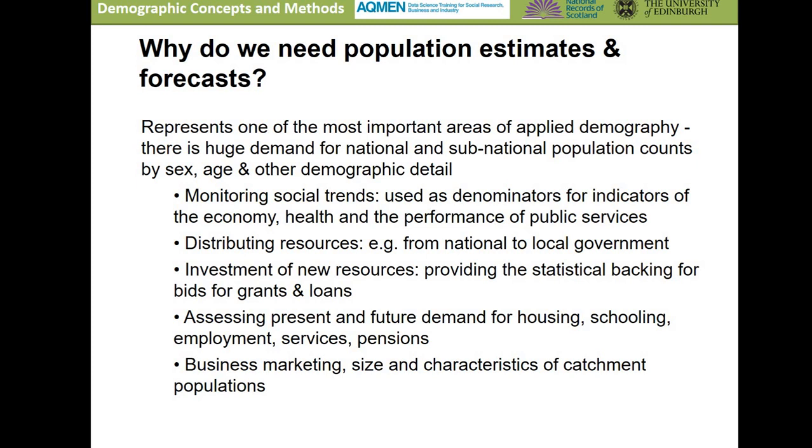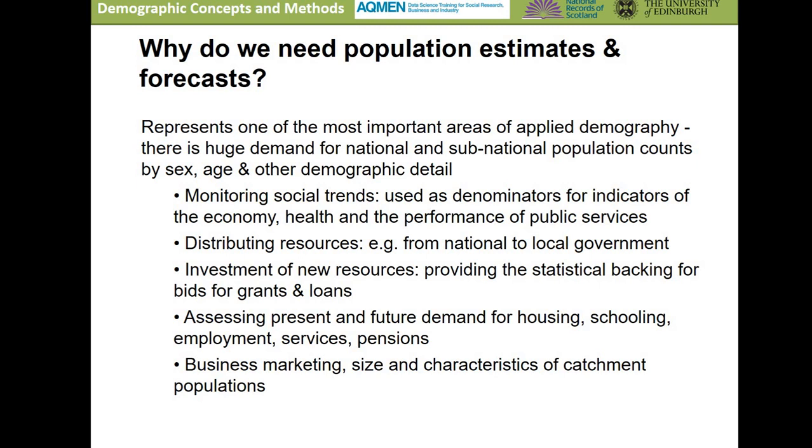We need population estimates and projections to distribute resources from national to local government, and we need to know about how areas are growing or declining in population to inform that distribution. We might use these demographic estimates in investment of new resources, so providing the statistical backing for grants and loans around particular projects that might respond to population change or change in population age structure in particular places.